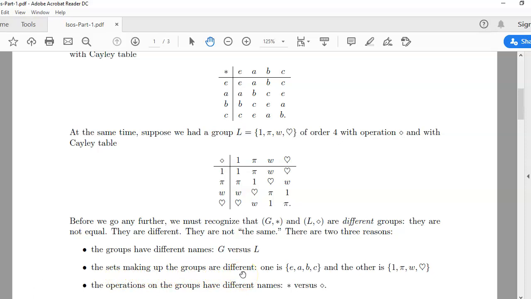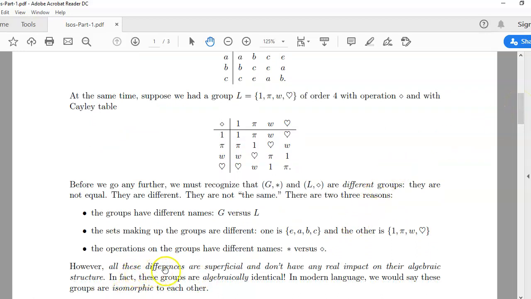In other words, the elements in each group are different from the other one. On one hand, my elements are E and A and B and C. And on the other hand, my elements are 1 and pi and W and heart. Those are different sets of objects, and so the groups are different. And the third reason the groups are different is because their binary operations have different names. One was called star and one was called diamond. So these things are unequal, they are different, they are not the same.